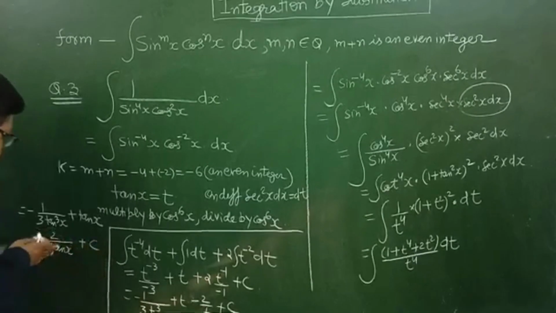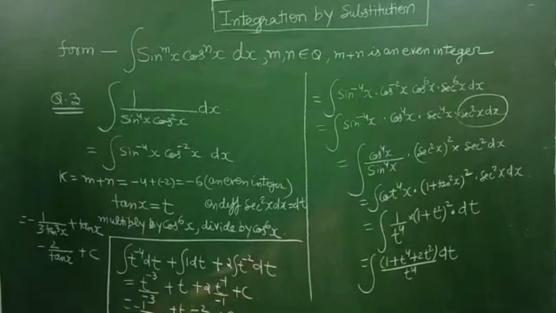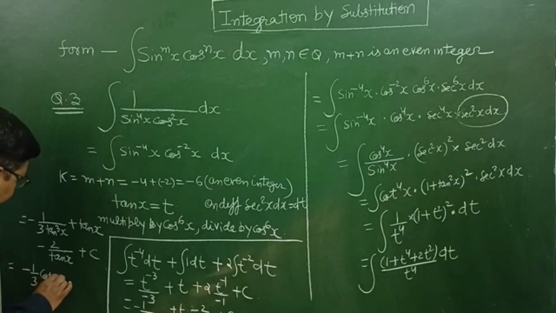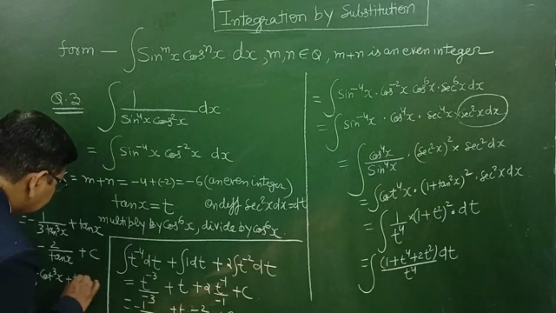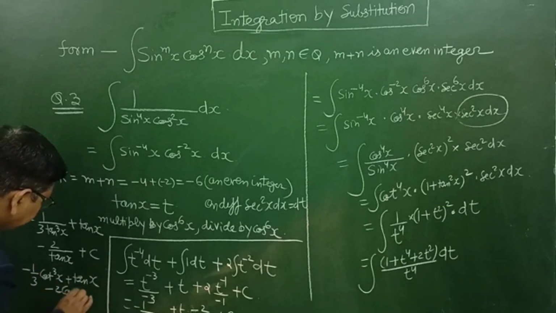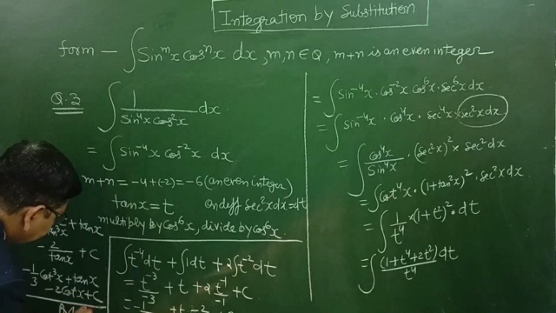And if you want to write this in the positive pattern, then 1 upon tan cube x is equal to cot cube x, so minus 1 upon 3 cot cube x plus tan x minus 2 cot x plus c. This is the final answer of the question.